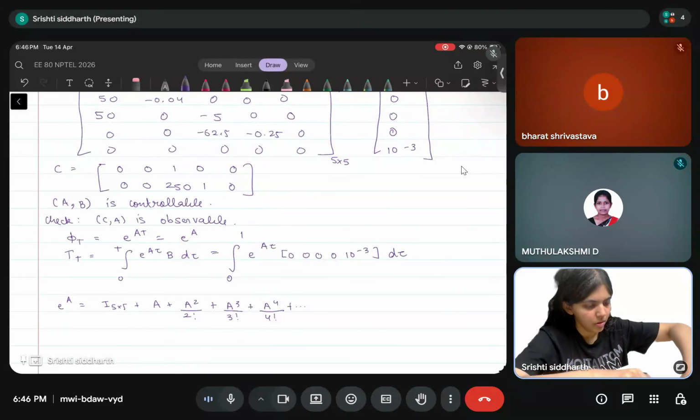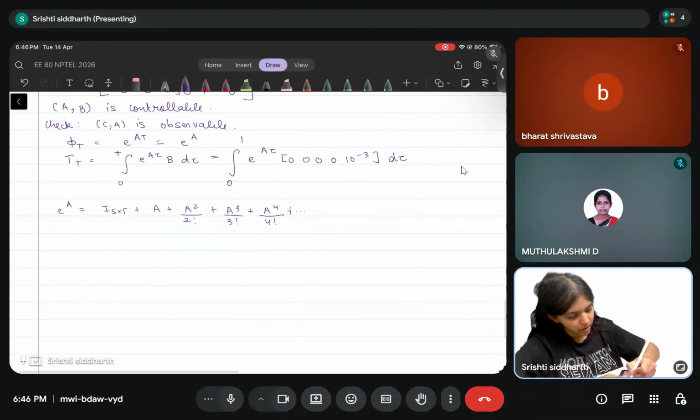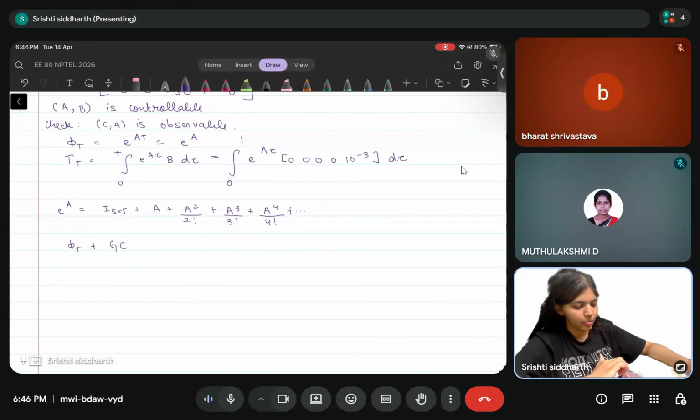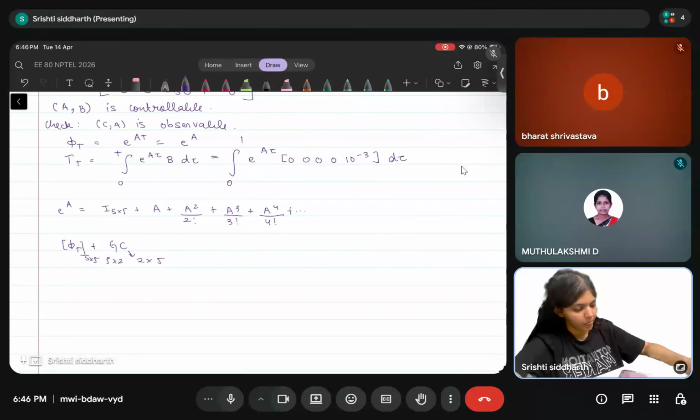So let's see what's the dimension of G here. It has to be phi T plus GC. Phi is going to be 5 by 5, C is 2 by 5, so G is 5 by 2.